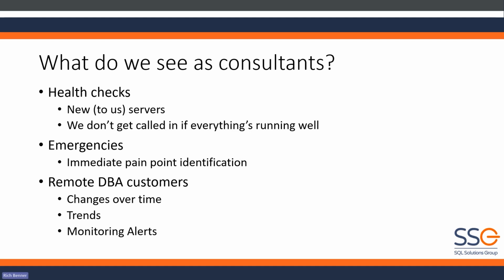So that's for emergencies. Another service we offer is remote DBA, where a customer may not have their own DBA in-house, and we are their DBA. As part of that, we will install a monitoring tool, and we will receive alerts. We set it up to send us an email whenever it highlights any sort of problem, and then we'll fix things. One of the things we monitor there is wait stats.